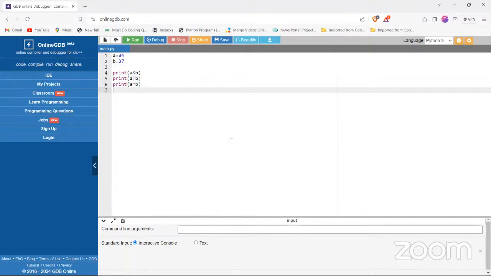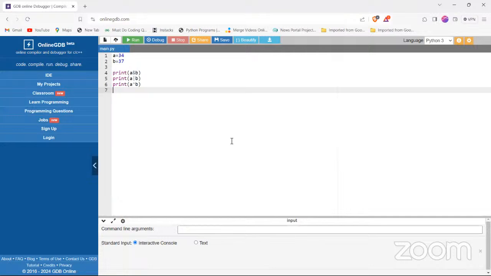Bitwise operators are going to perform something on a chip level. Chip level means not cheap, it is CHIP. Chip level means at your computer's arithmetic and logical unit.